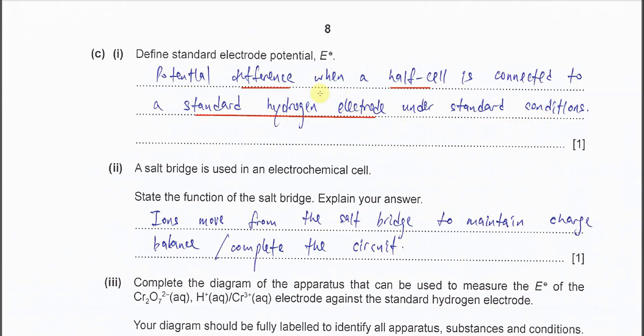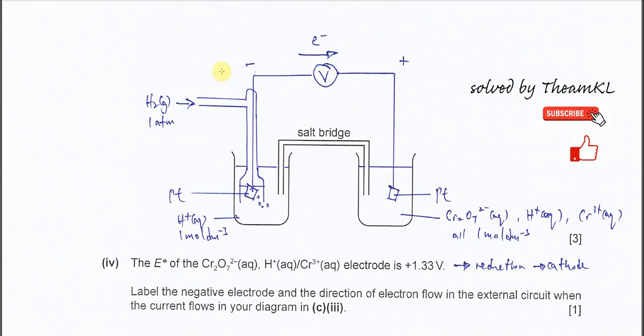It means we use the standard hydrogen electrode to get the potential of other half cells. For example, we use this drawing. This is the SHE, standard hydrogen electrode, and this half cell is connected to this SHE. Because SHE itself is 0 volt.